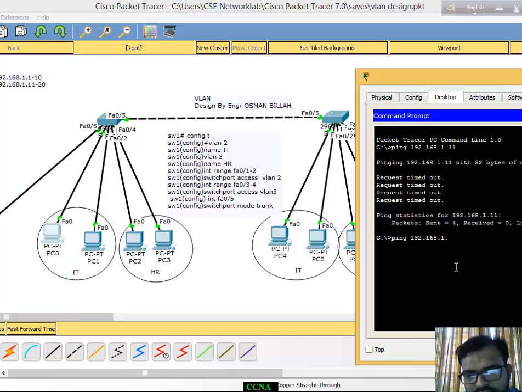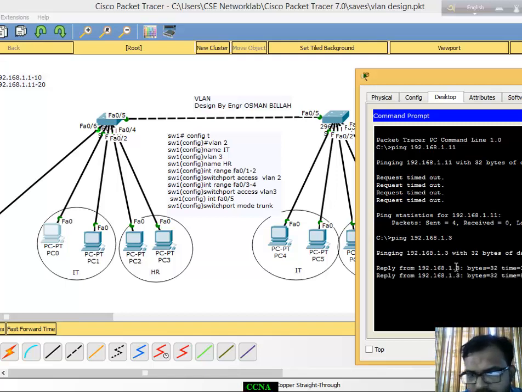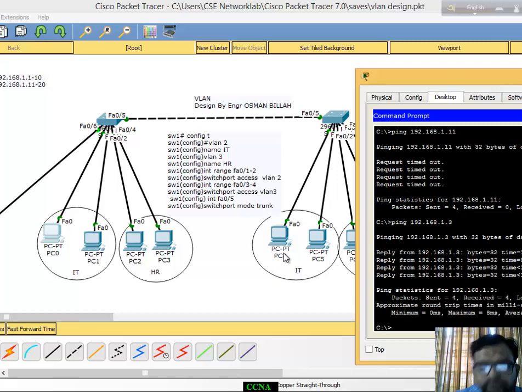And this is the 3. They communicate IT to IT, and HR to HR. So this is the barrier or restriction, a security between the two departments, HR and IT.